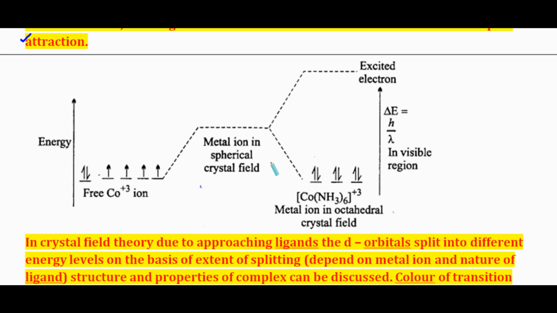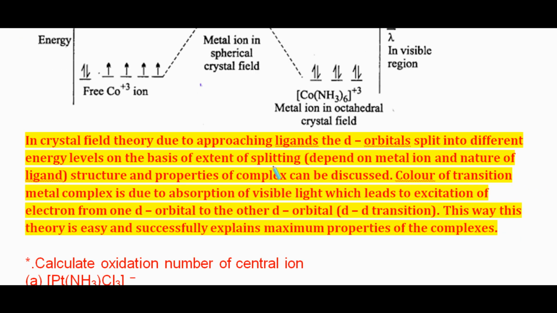And this is the figure in which their metallic state is divided into two parts. One is excited state and one is ground state. In crystal field theory, due to approaching ligands, the d orbitals split into two different energy levels.